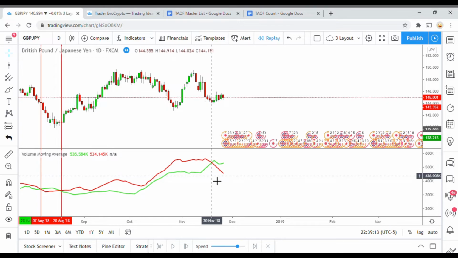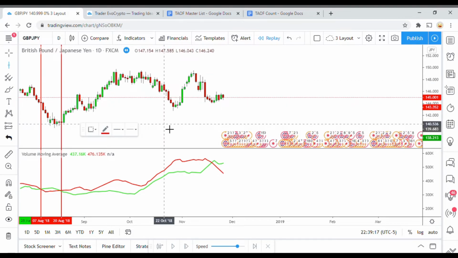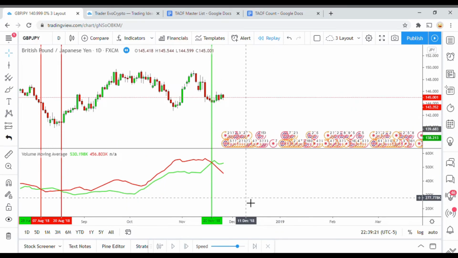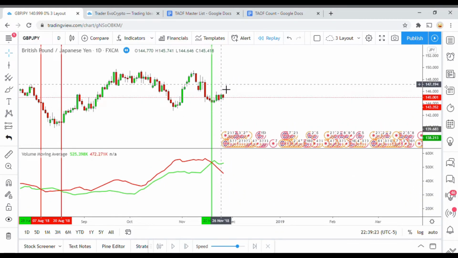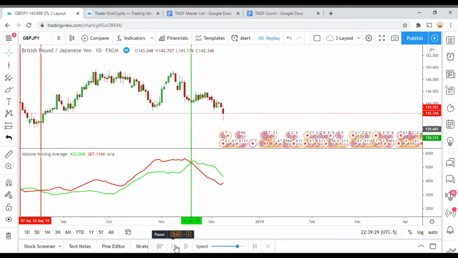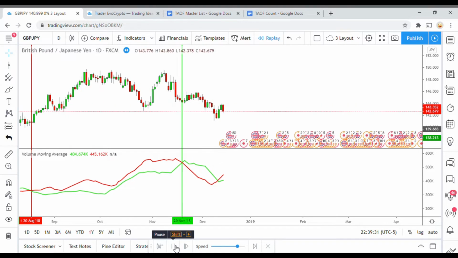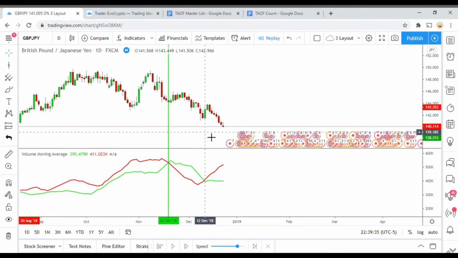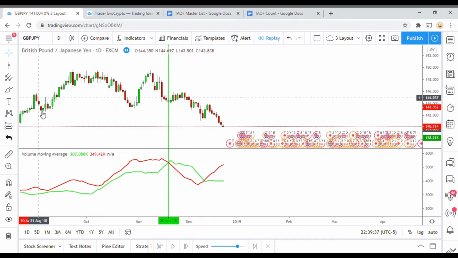Let's see what we have here. Pick up a buy right there. And that one got us to take profit. Pick up a sell right there.